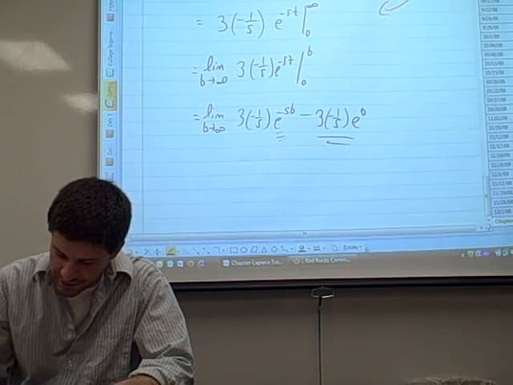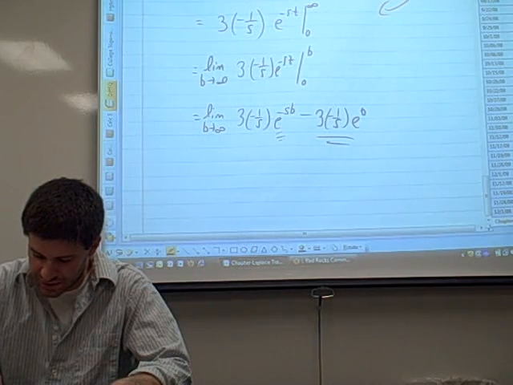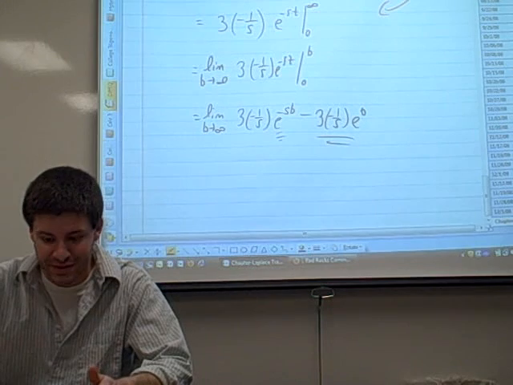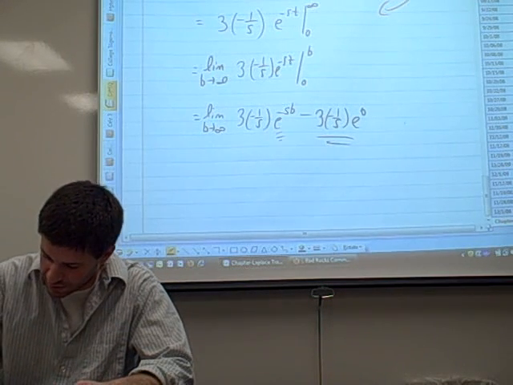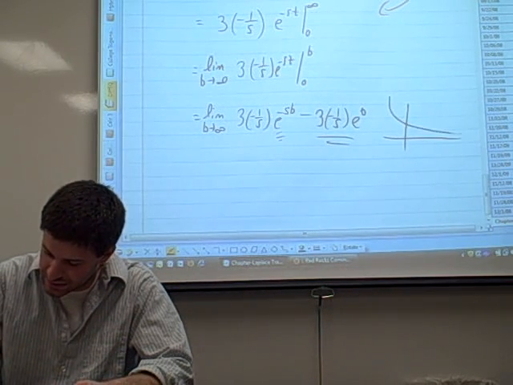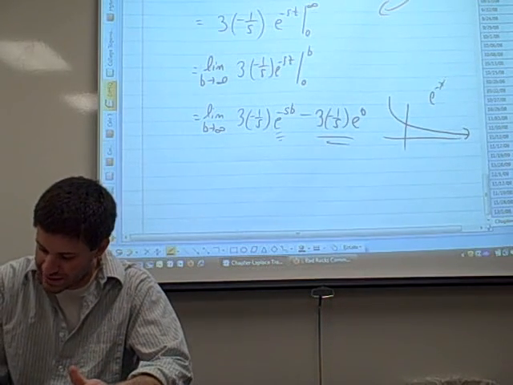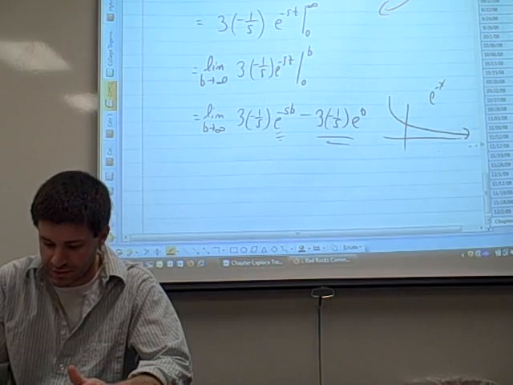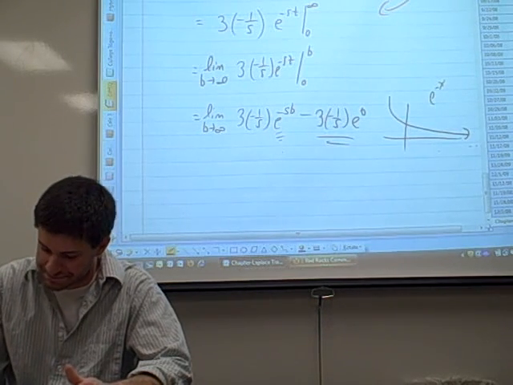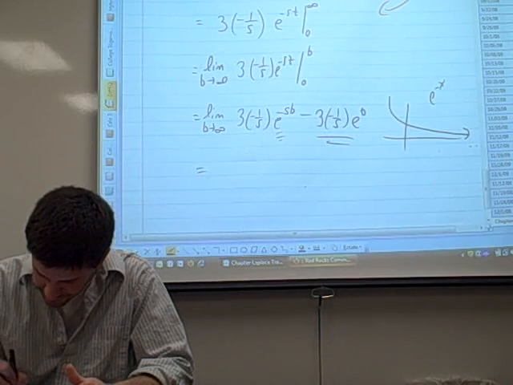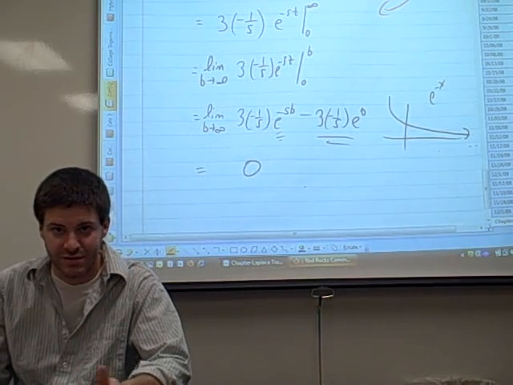You'll probably remember that the limit of an exponential function as the power goes to, say, negative infinity is just going to be 0. One way to think about that is e to the negative x. The function looks like that. And as x gets bigger and bigger and bigger, that function goes to 0. So, I argue that this whole limit is 0.